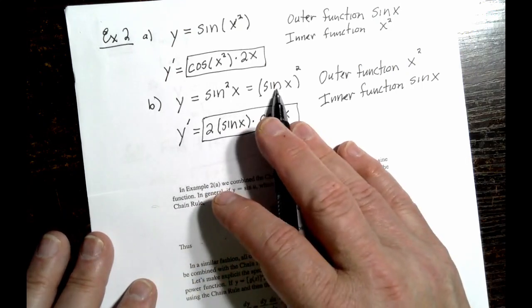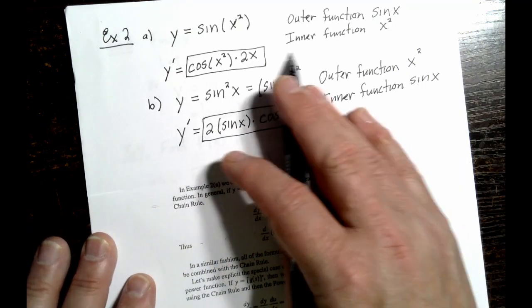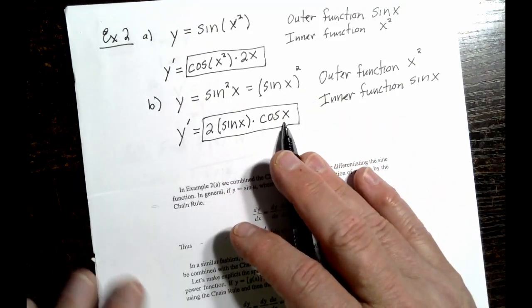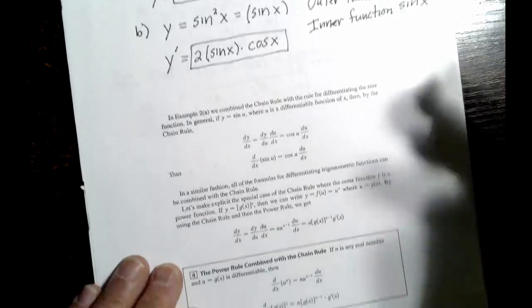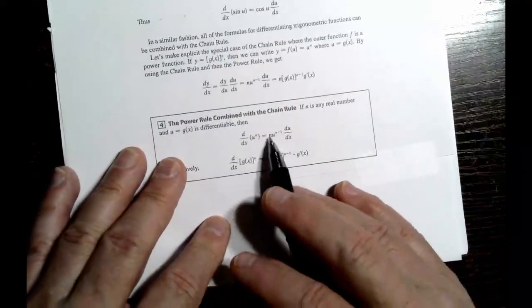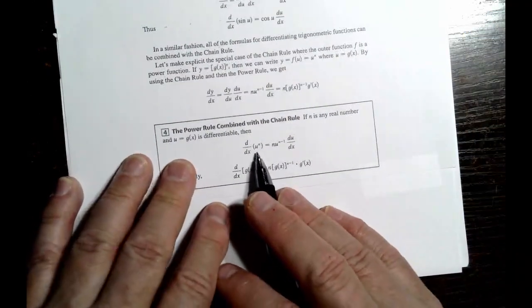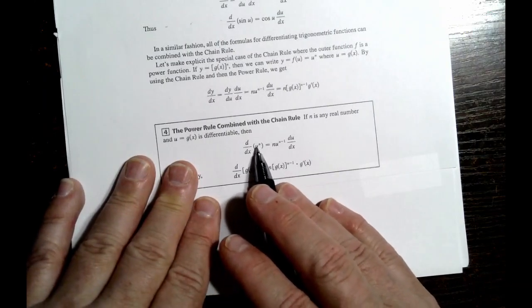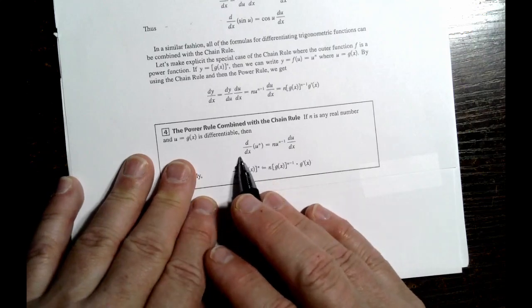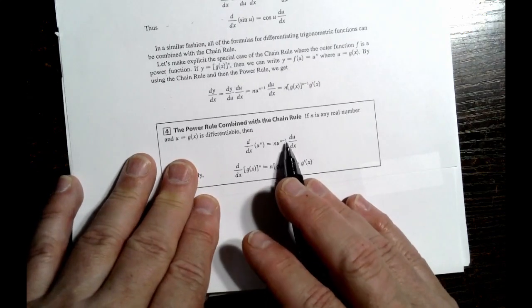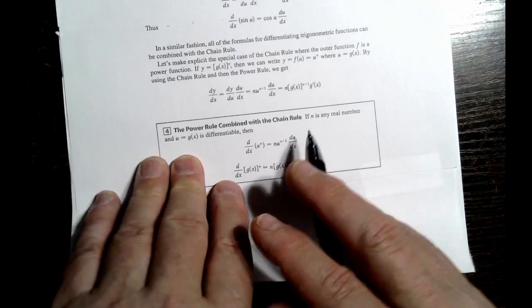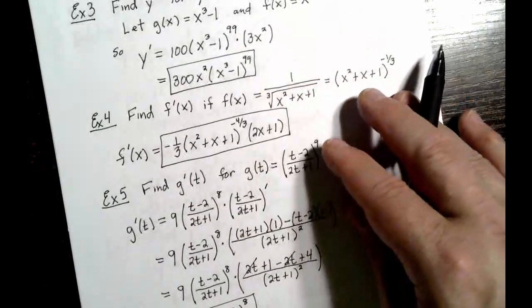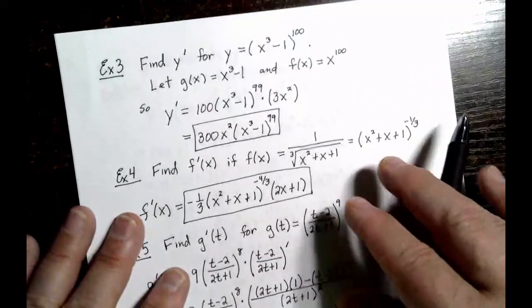And so the derivative of sine squared x is 2 sine of x to the first times the derivative of sine, which is cosine. All right? And so when you're using the power rule with the chain rule, when you're taking the derivative of some complex function inside here, you still can bring the exponent up front and subtract 1, but you got to follow with the derivative of the inside function. That's if the inside function is a complex function, if it's a composite function.